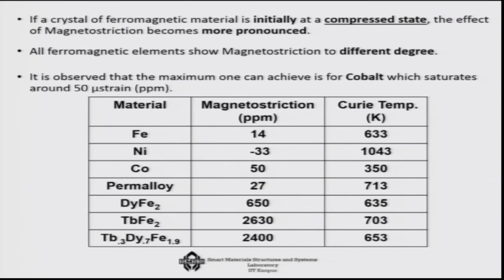It is observed that if the ferromagnetic material is initially in a compressed state, then the effect is more pronounced. Naturally so, because when it is compressed, the domains are constricted in a smaller area. The moment you apply the magnetic field, assuming you have enough magnetic field available, this compressive confinement is overcome.